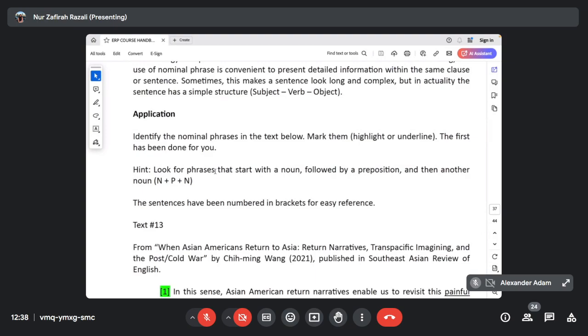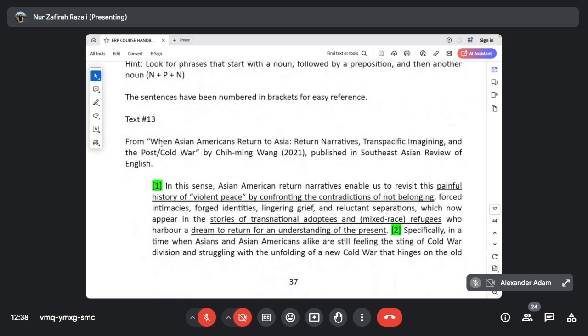All right, so if you take a look at text 13 here, from "When Asian Americans Returned to Asia: Return Narratives, Trans-Pacific Imagining, and the Post-Cold War" by Chiming Wang, 2021, published in Southeast Asian Review of English.